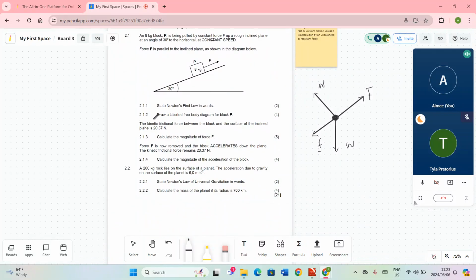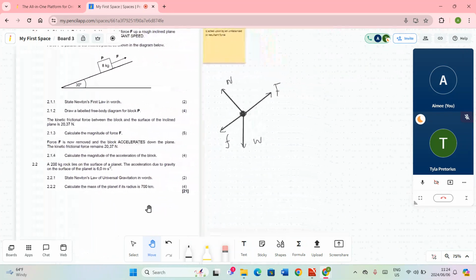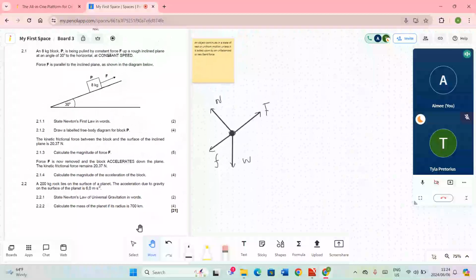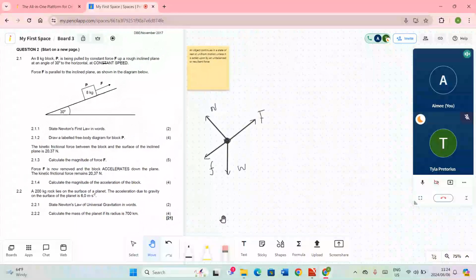The next question says the kinetic frictional force between the block and the surface of the inclined plane is 20.3 newtons. 2.1.3, calculate the magnitude of force F. Okay, so immediately this is a Newton's question, right?